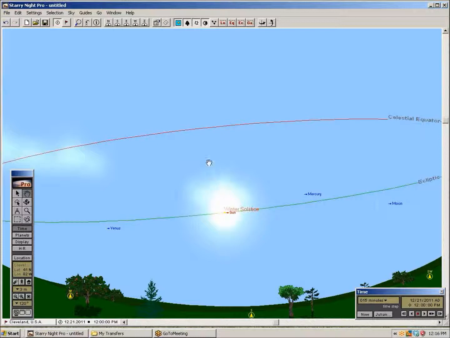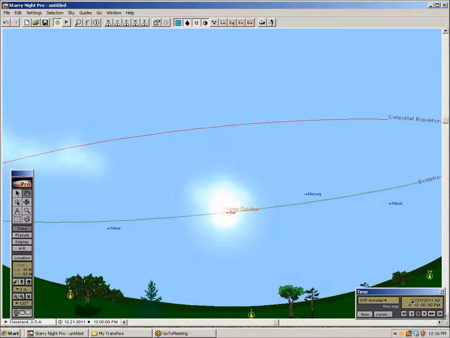What I want you to notice is that the separation between the celestial equator and the ecliptic plane is at its greatest here. This is a 23.26 degree difference between these two great circles. And the sun is very low in the sky.